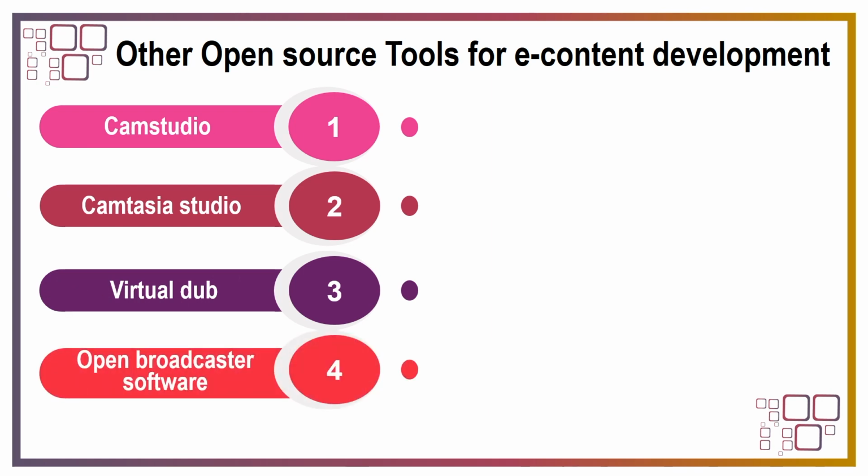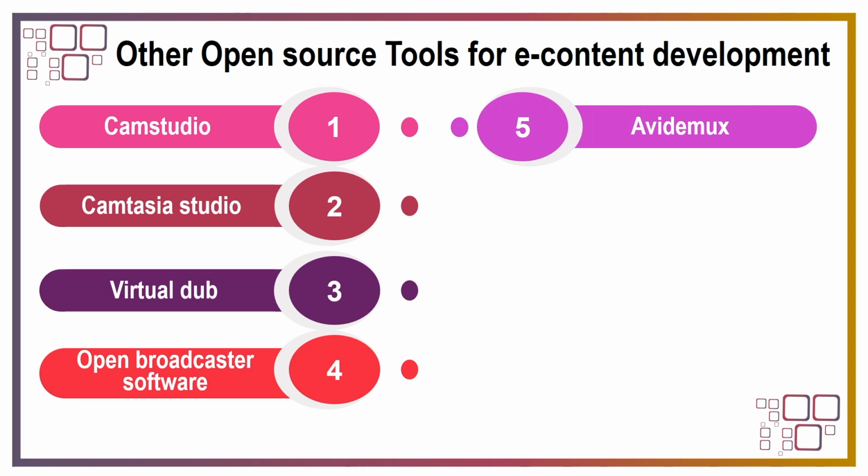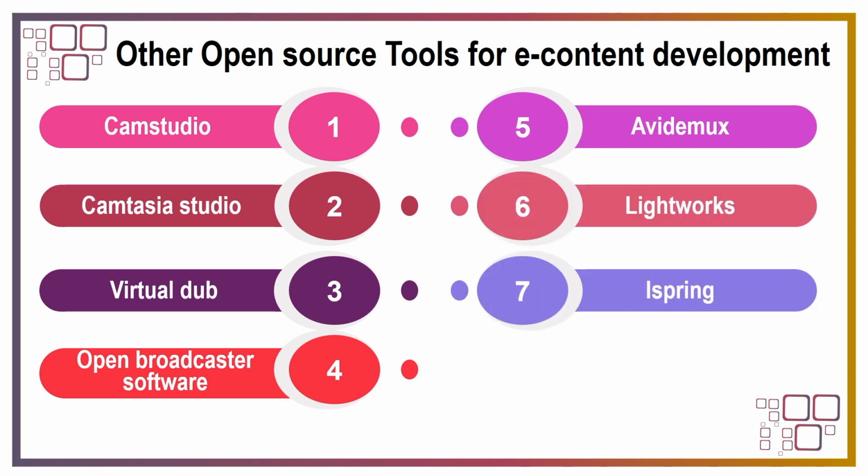Open Broadcaster Software, Avidemux, Lightworks, iSpring, OpenShot. iSpring is software which you can download from Google, and you can incorporate it into PowerPoint for creating quizzes. That is one software for creating quizzes, right? It can be used for recording also. So this is also a very strong software, and though it is not free, it requires only, I suppose, $35 or something for 1 year.